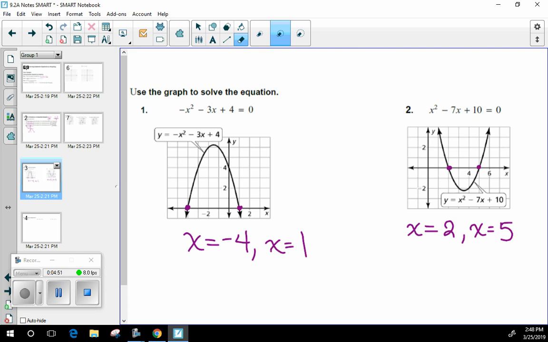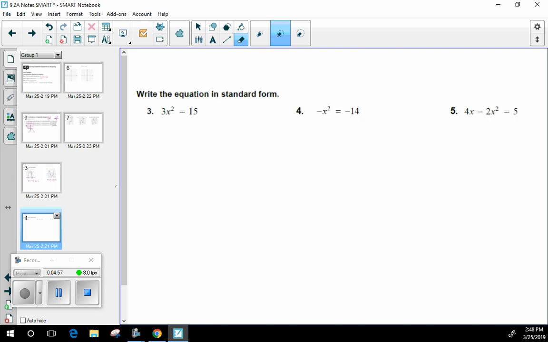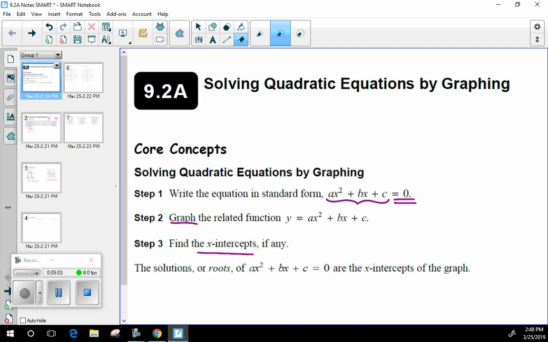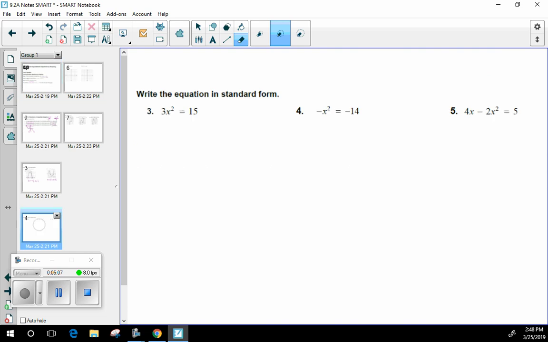Part of it will be that we'll be creating our parabolas for a lot of the problems. Before we start creating the parabola, we want to make sure that that first step in our step-by-step a minute ago up here, right, that we are in standard form equal to 0. That's step 1. So before we begin, let's just practice making sure that we are in standard form equal to 0.